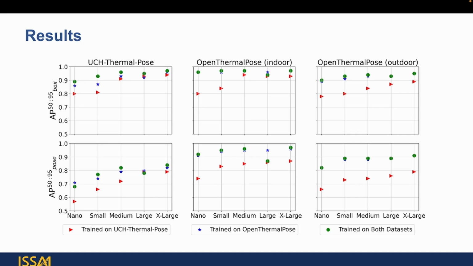This underscores the superior effectiveness of the OpenThermalPose dataset. Furthermore, models trained on the combined datasets exhibit slight improvements compared to those trained only on OpenThermalPose. This enhancement is likely attributed to the larger size and richer annotation diversity of our dataset compared to UCH-ThermalPose.